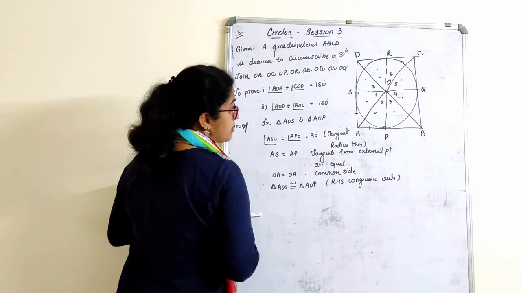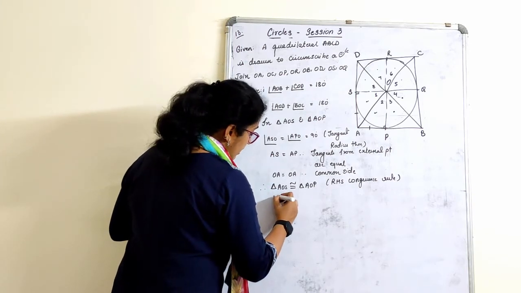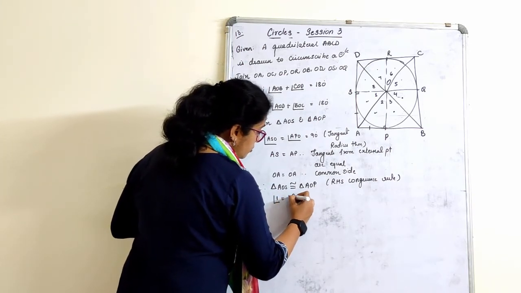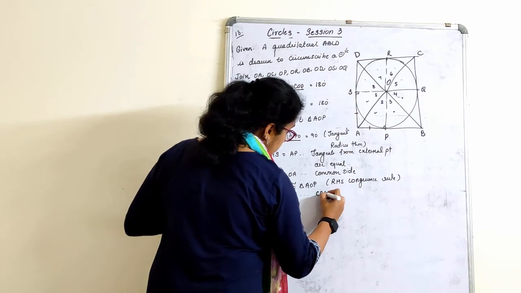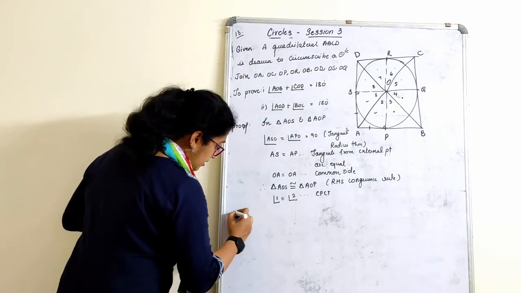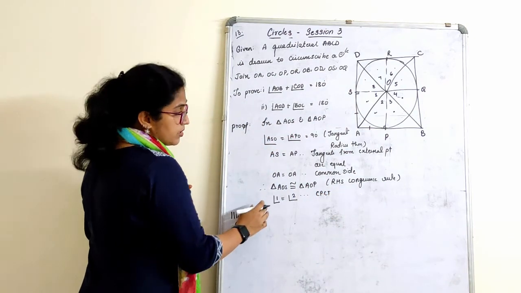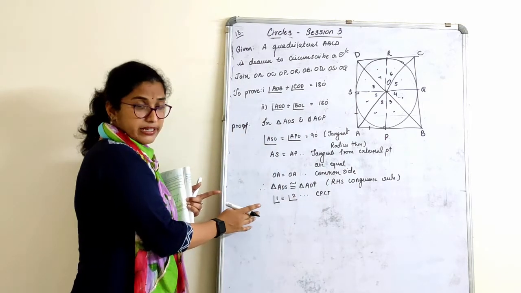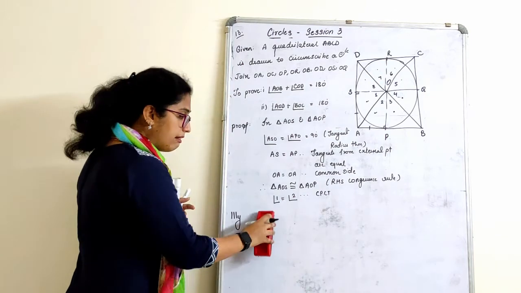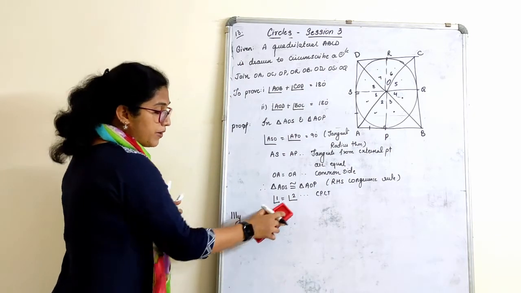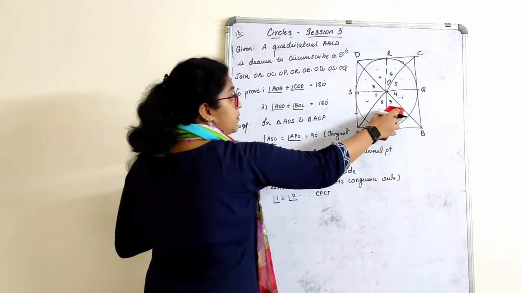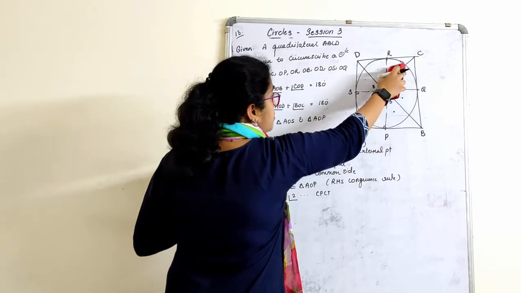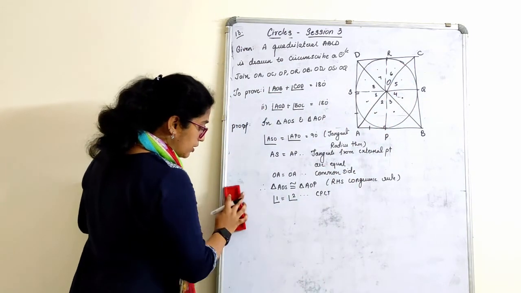So, since the triangles are congruent, can I tell angle 1 is equal to angle 2? CPCT. Is this concept very clear? We proved 1 is equal to 2. Similarly, I can prove 3 is equal to 4, 5 is equal to 6 and 7 is equal to 8.